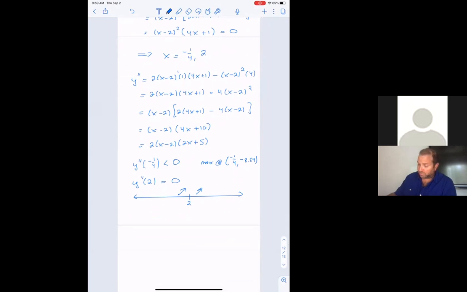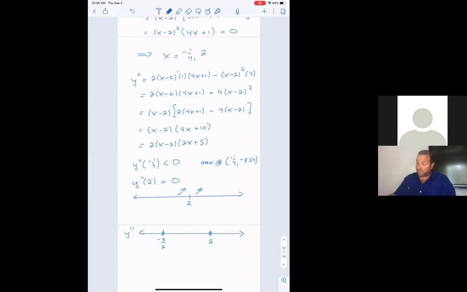Now they want any points of inflection. Well, to find points of inflection, I will make a second derivative number line. Whoops, a second derivative number line. And I'll put all the points where the second derivative is 0, which occurs at 2 and at negative 5/2. And then I will take a point in each section to see if the second derivative changes sign.